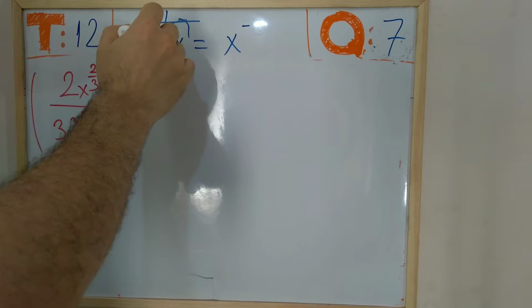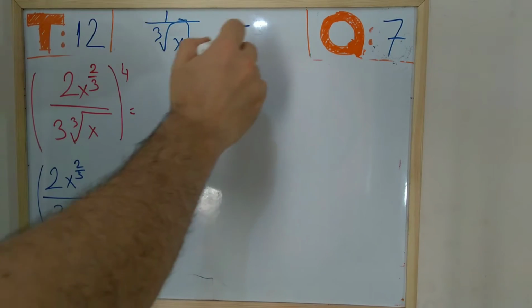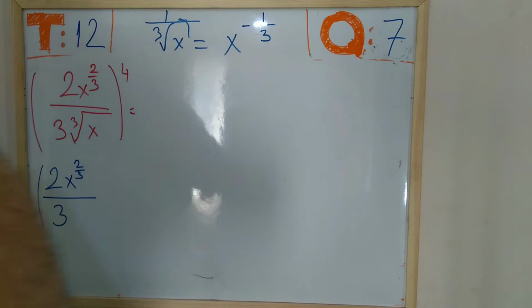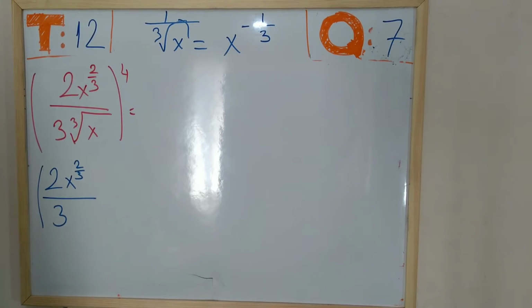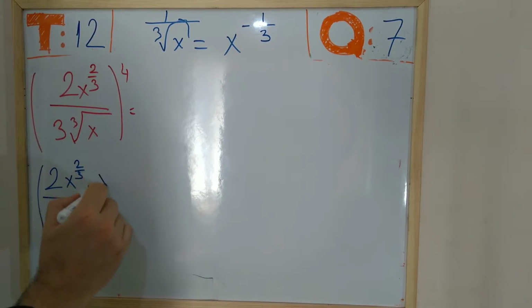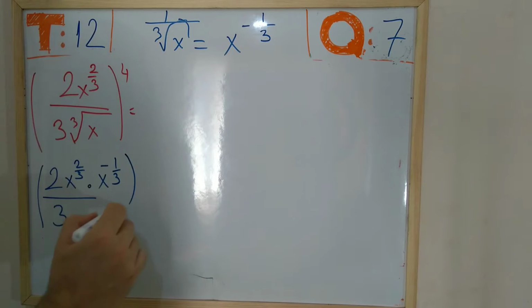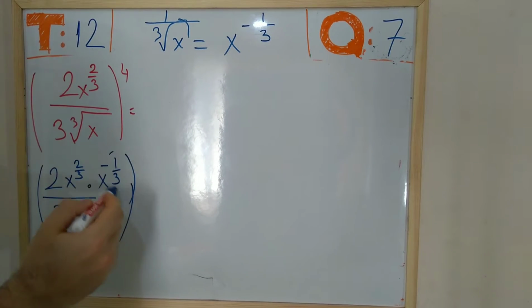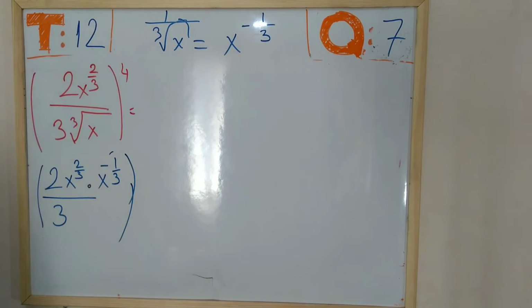And to the power of the third root means that the denominator is going to be 3, while the numerator is going to be 1. So I say x times x to the minus 1 over 3. In the next step, what I need to do is to sum these two powers up because x's are multiplying with each other.